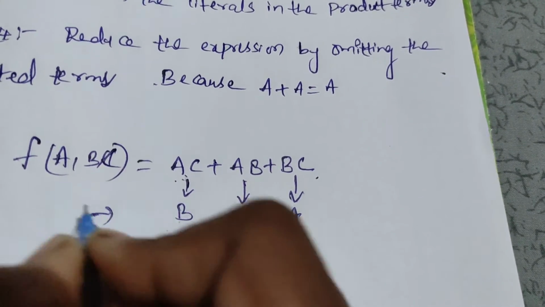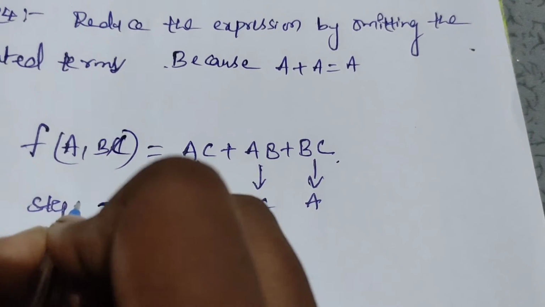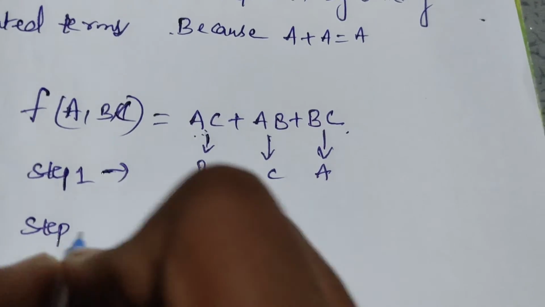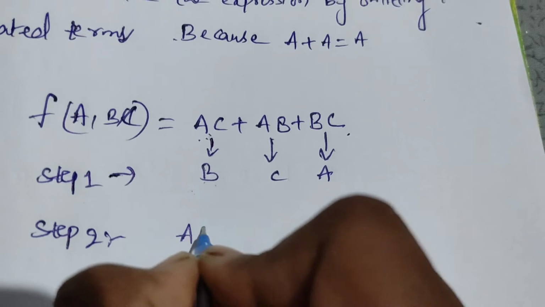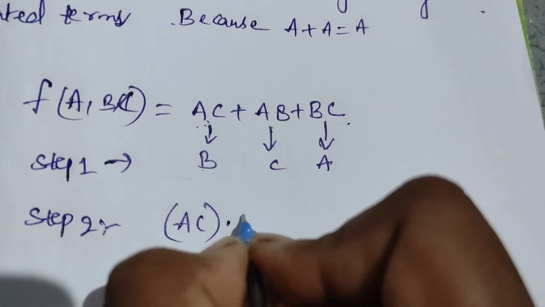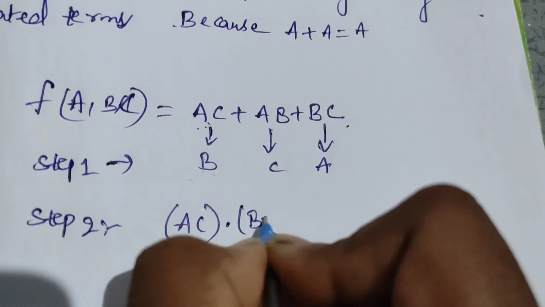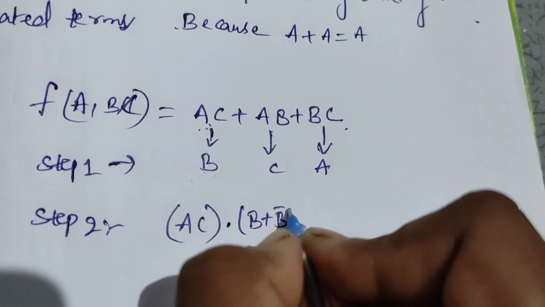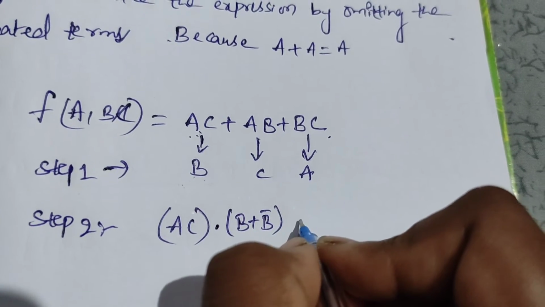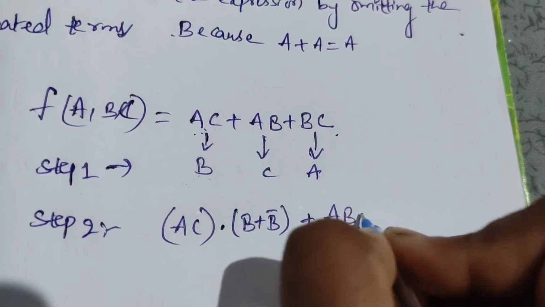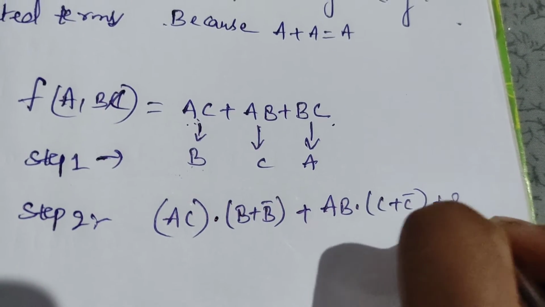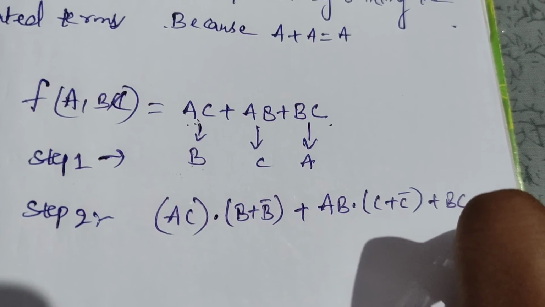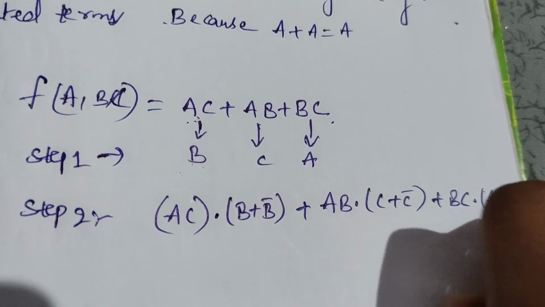So step 1 I have done, and in step 2 I need to AND with the missing literals by taking the normal and its complemented form: AC into B plus B bar, plus AB into C plus C bar, plus BC into A plus A bar.